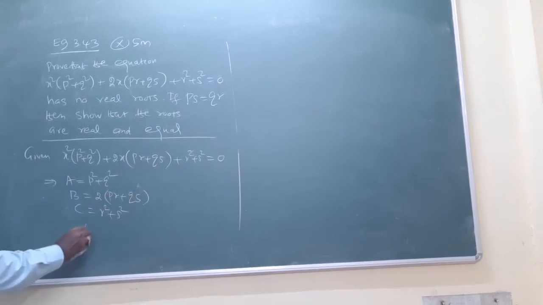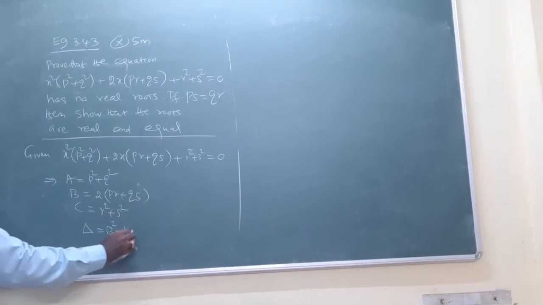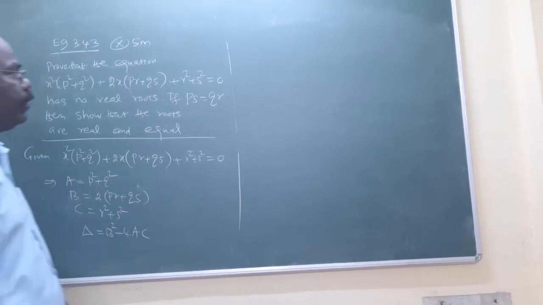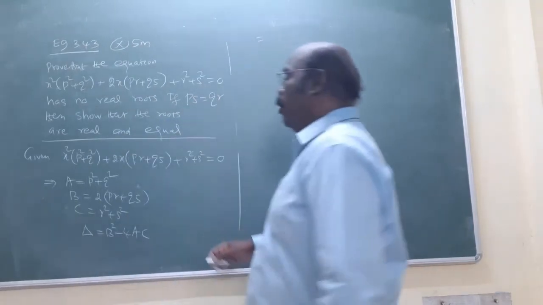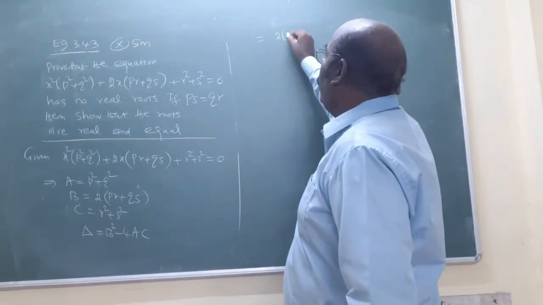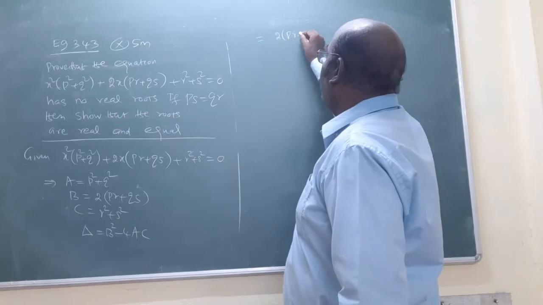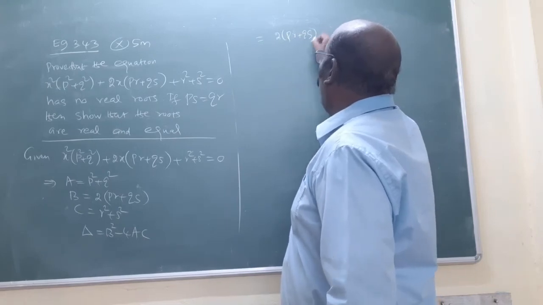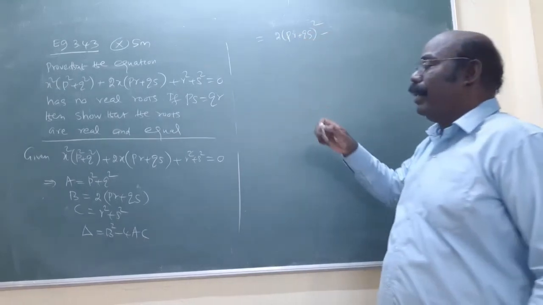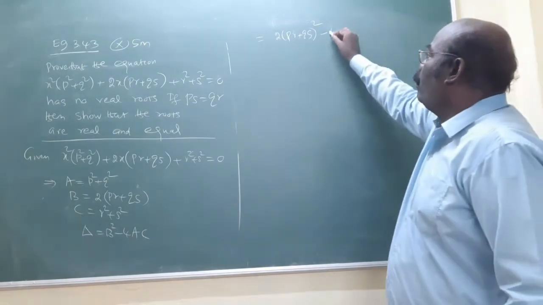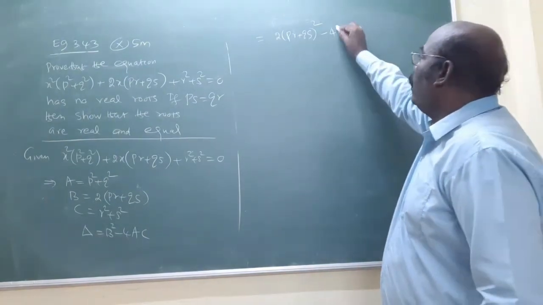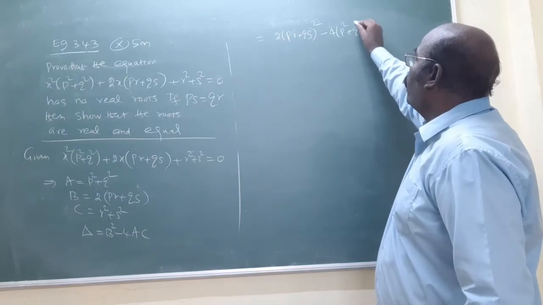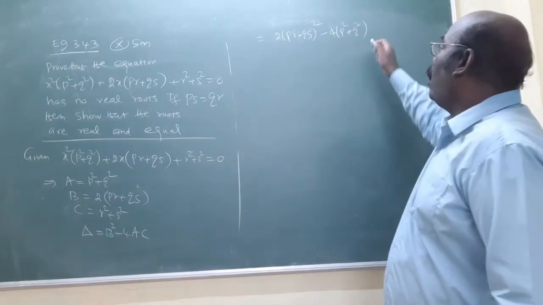Now, what I told you, consider delta, b² minus 4ac. Substitute all the values: b² is 4(pr plus qs)² minus 4 into a, which is p² plus q², into r² plus s².